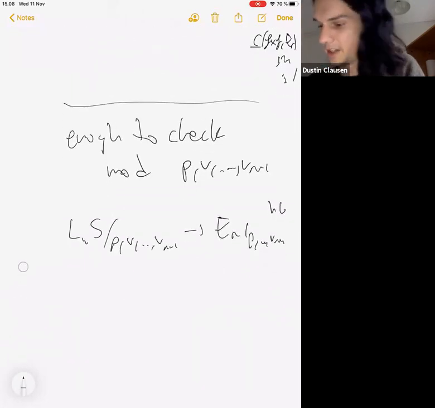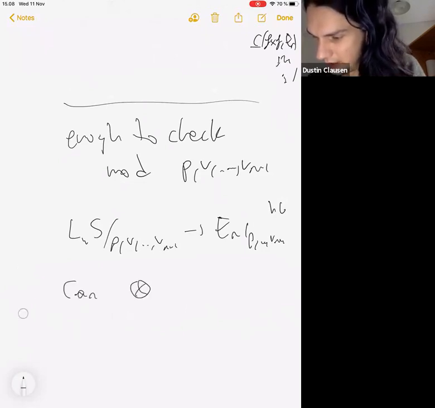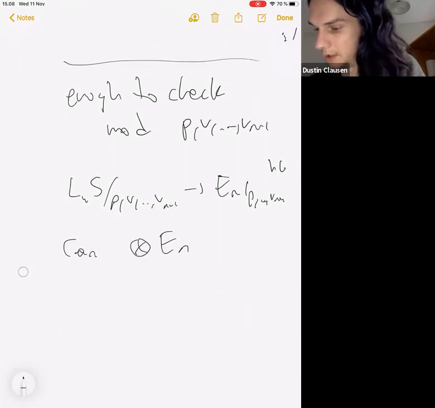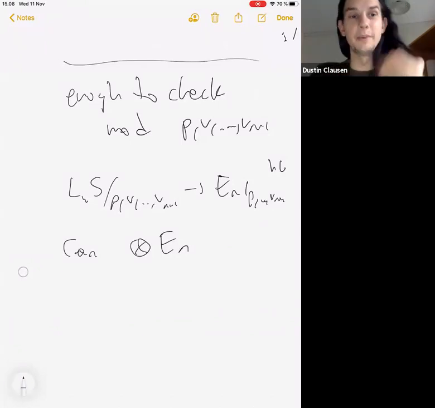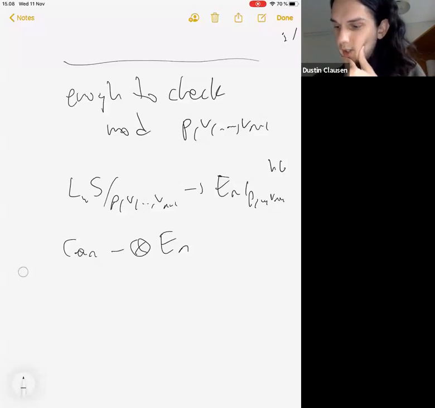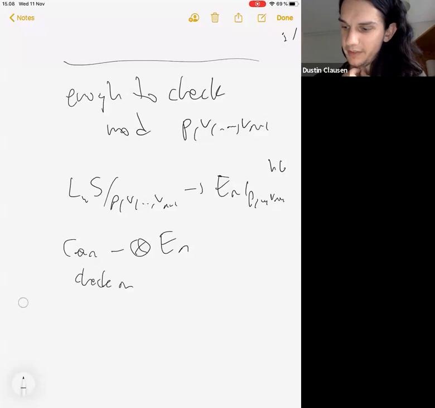And then in fact, it's enough to check, we can also tensor with En here. So this results from the fact that, for example, the Kn local sphere is built in a finitary manner from En. Let's say we know that a priori.